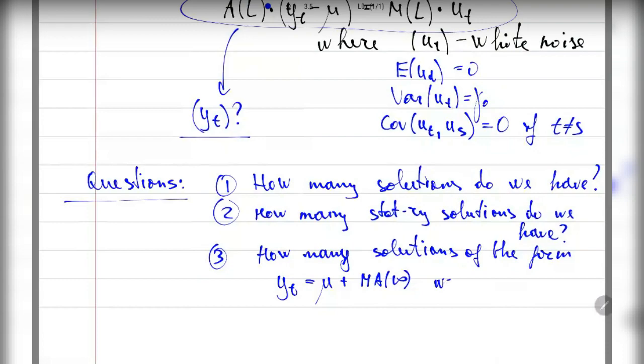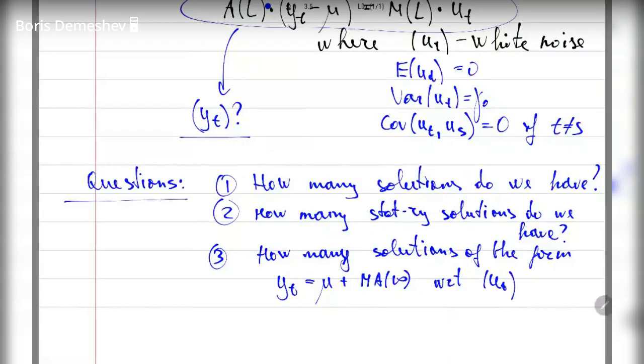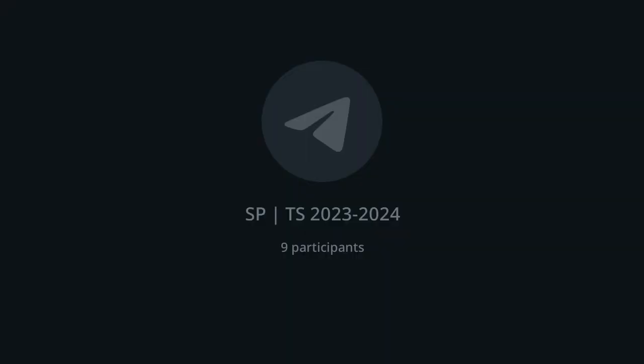That's okay if I write WRT for with respect to. How many solutions of the form YT equal to mu plus moving average with respect to UT do we have?